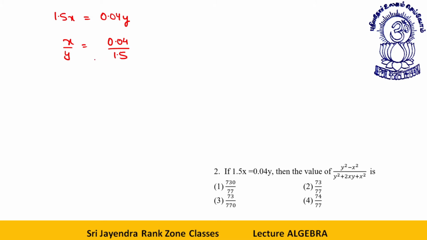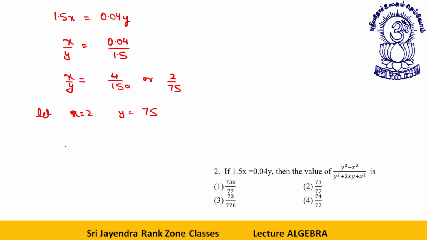Very clear. This can further be written as x by y is equal to 4 upon 150, or 2 upon 75. So assume x is equal to 2, y is equal to 75.